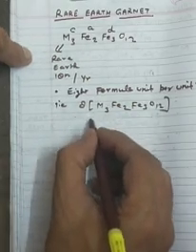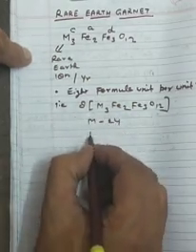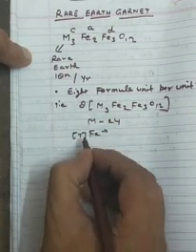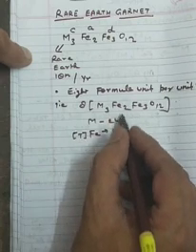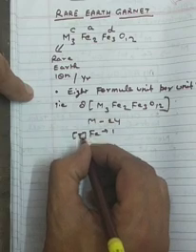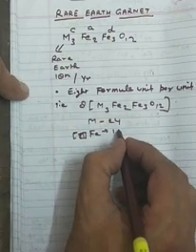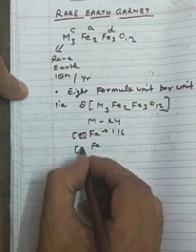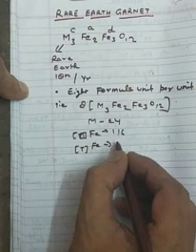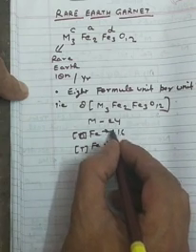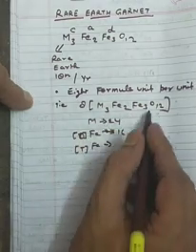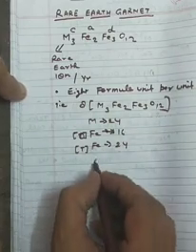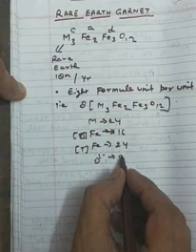So the total atoms will be: M will be 24, Fe octahedrally coordinated will be 16, tetrahedrally coordinated irons will be 24, and total oxygen ions will be 96.